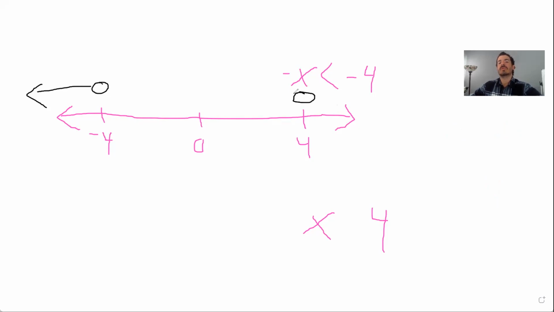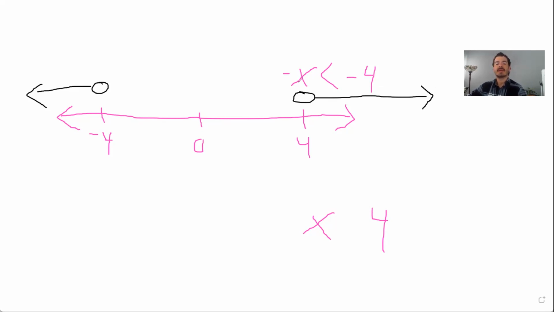But is it going to go to the right, or is it going to go to the left? My instinct is it's going to go to the right, because I'm dealing with the opposite of. If the opposite of left is right, right? So let's just do an experiment and see. I'm going to say it's greater than.